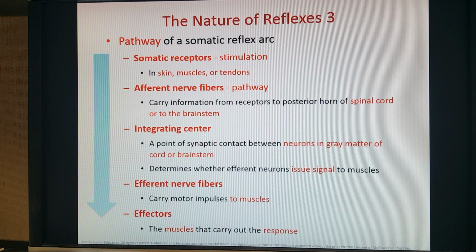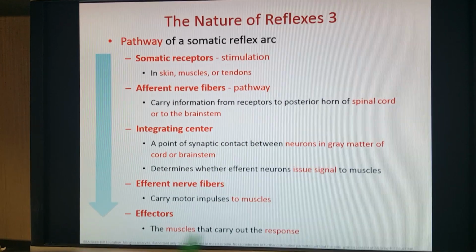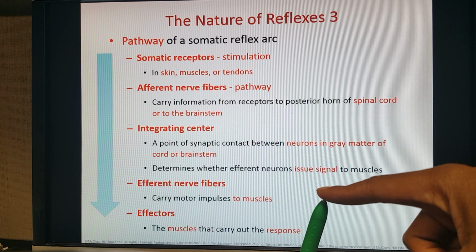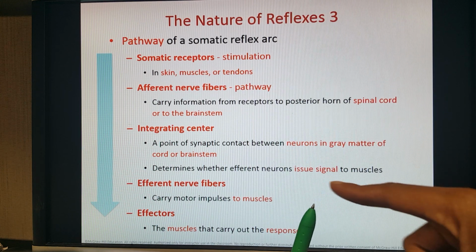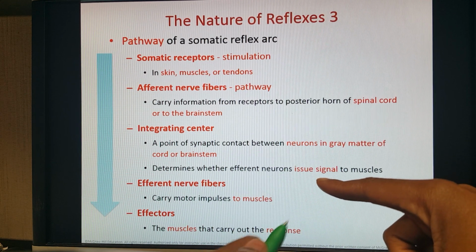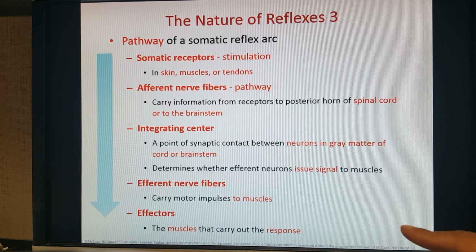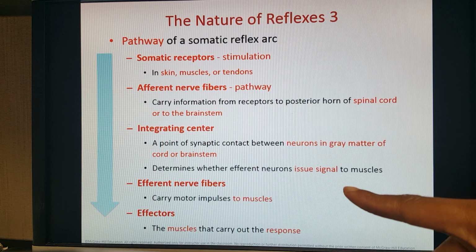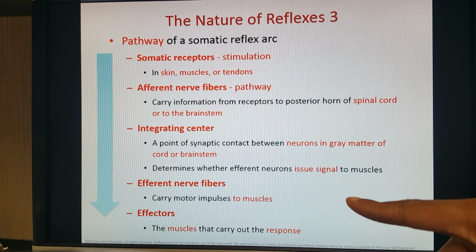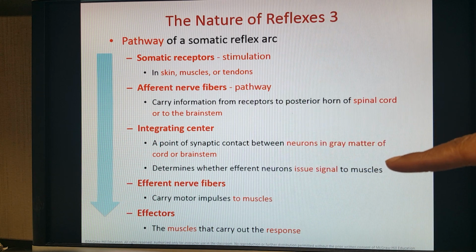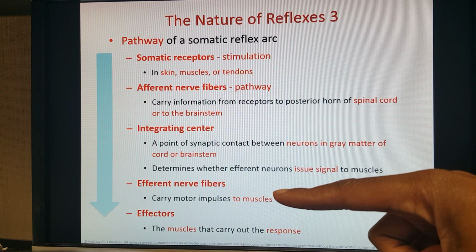For example, if I touch my finger to something sharp, the reflex of me moving my hand away is very quick. We have our sensory information taking the pain signal up through my arm into the spinal cord, and then in the spinal cord, you have the afferent nerve fibers either synapsing onto your interneurons that are found only in your central nervous system, or synapsing directly onto an efferent nerve fiber.